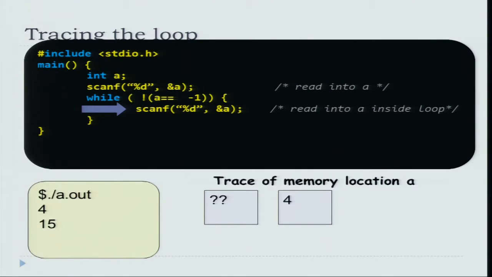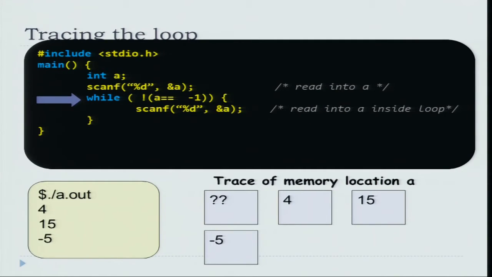Let's say that the next number is 15. You read the number into A, so memory location A is now 15. 15 is not -1, so you again enter the loop. You enter -5. -5 is not -1, so you enter the loop again. At this point, you scan the number into A, and A becomes -1.